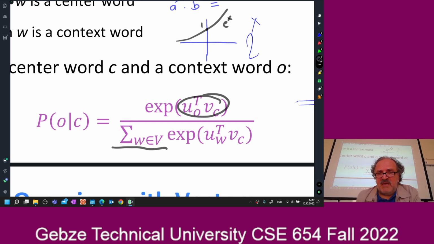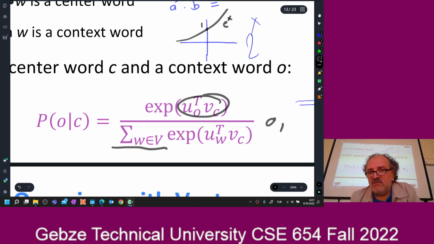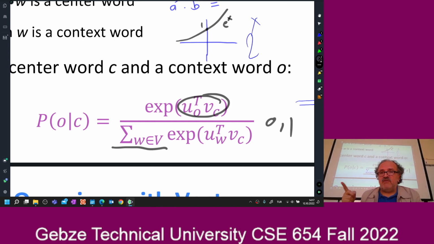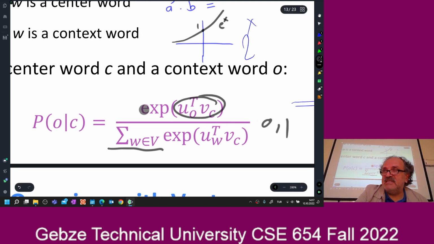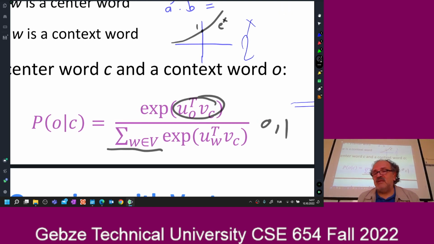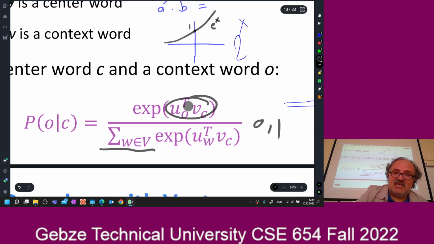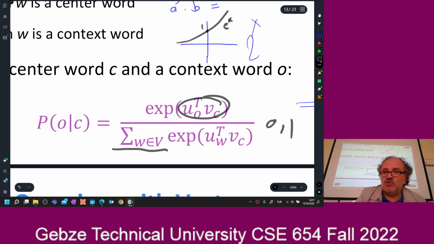So you expect this to be between 0 and 1. It cannot be 0, because none of the terms will be 0; there is definitely a value here. It cannot be 1, because there is no single multiplication as large as this summation. So it's going to be between 0 and 1.